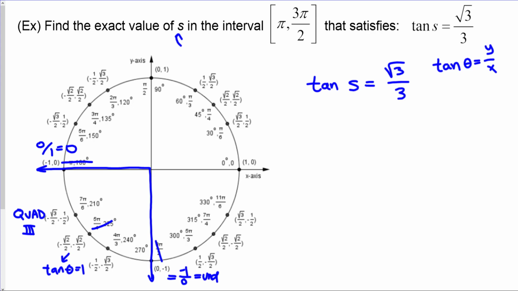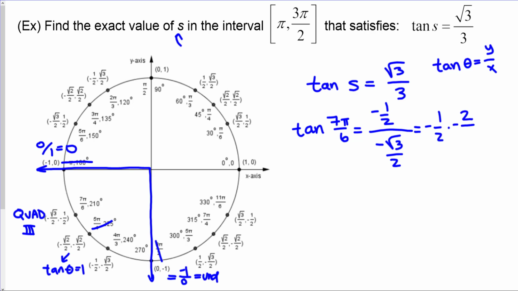So at the tangent of 7 pi over 6, for instance, that would be the y value, which is negative 1/2, over the x value, which is negative square root of 3 over 2. Start working this through. So negative 1/2 times negative 2 over the square root of 3. The 2's cancel.